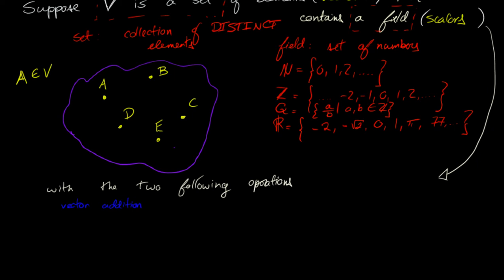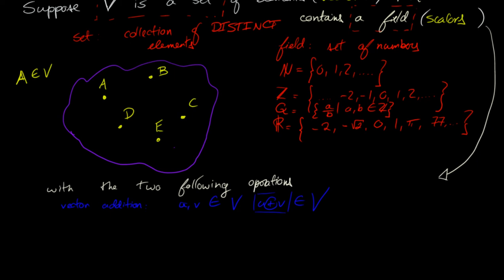Vector addition is the result of taking two elements in V and adding them up. This is the vector sum, and it also belongs to V. When you take two elements in your vector space and add them up, the result belongs in V.